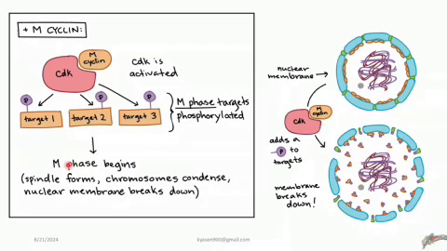We've seen that during mitosis, spindle fibers have to form, the chromosomes have to condense so that they can be visible and easily separate, and the nuclear membrane has to disintegrate.